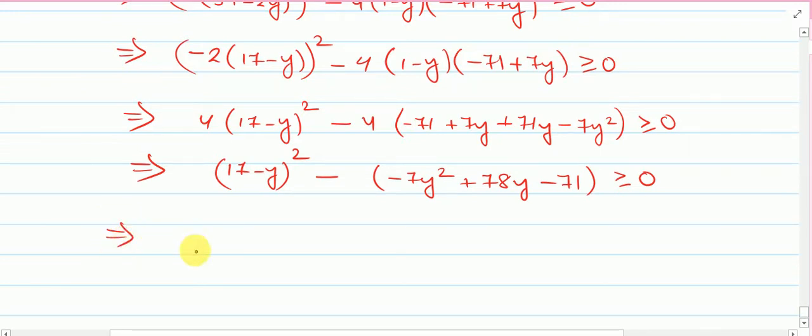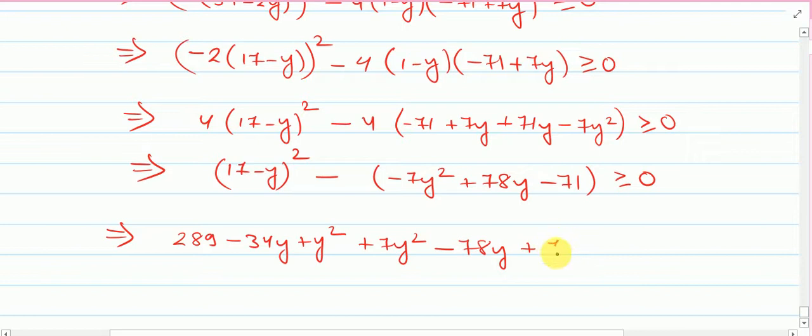Now next, the (a minus b) whole square formula. So we'll get 289 minus 34y plus y square, and here open the bracket, so you'll get plus 7y square minus 78y plus 71 greater than or equal to 0.